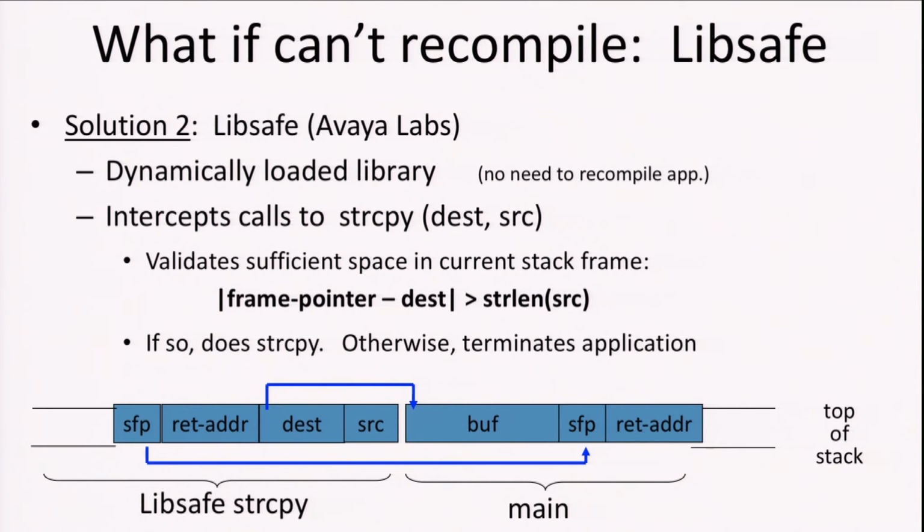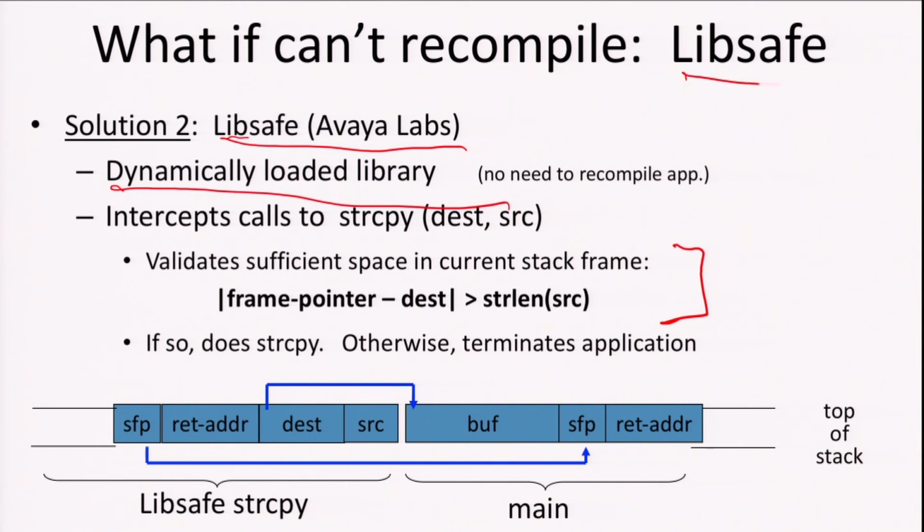Then instead of using the standard library for various string related activities, you use libsafe, which is from Avaya Labs, and this is a dynamically loaded library. Instead of using the standard libc version of these function calls, you intercept the call to strcpy and then use some checks.